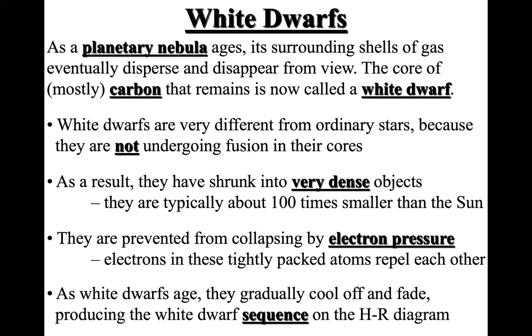After some time, with age, this planetary nebula will disperse and disappear from view, and what you will have is this dense carbon core as the remaining object, which we call the white dwarf star, right? These stars are very dense and very small. Compared with the sun, it will be 100 times smaller.